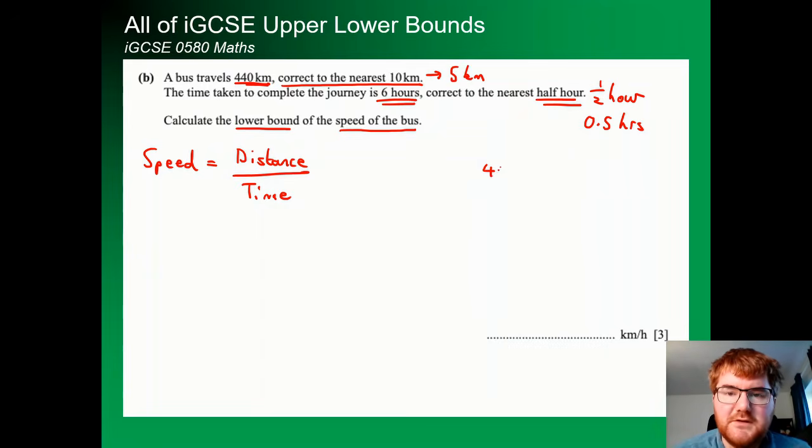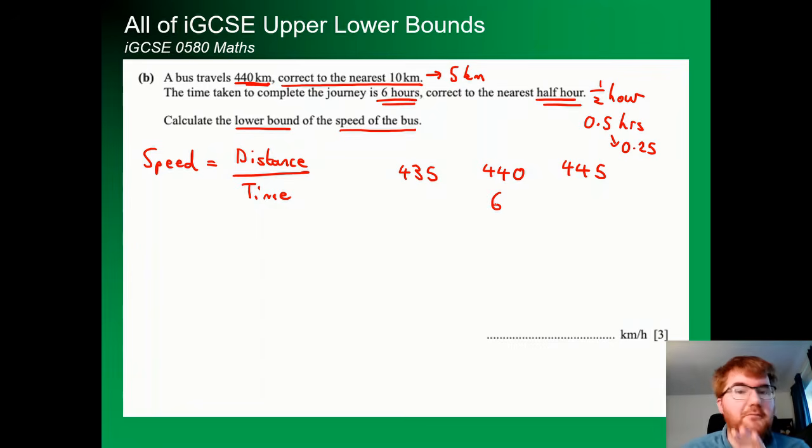So we've got 440 in the middle, and then we have 445, and then 435 as our upper and lower bounds. Likewise with the time here, again, we want half of 0.5, that's 0.25. So if this is our number in the middle, 6 hours, then we've got 6.25 as the upper bound, and then 5.75 as the lower bound.